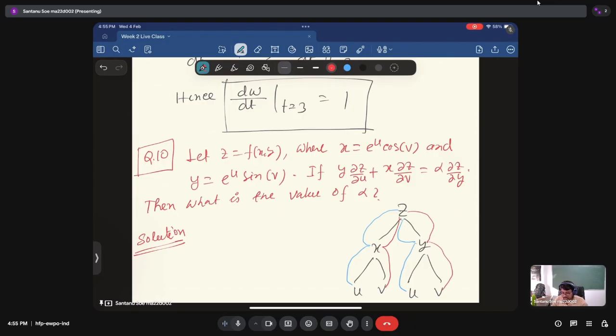Because z is a function of x, y and x, y is a function of u, v. So ultimately z is a function of u, v. So first we're going to find the derivative of z with respect to u. del z del u is nothing but del z del x into del x del u plus del z del y into del y del u.